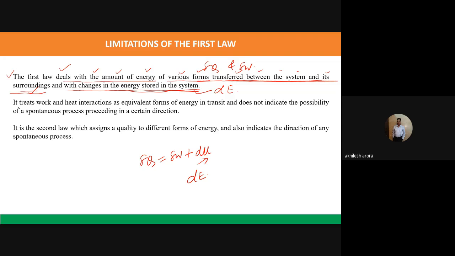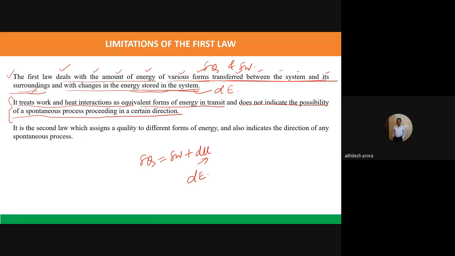It treats work and heat interactions as equivalent forms of energy in transition, so it doesn't discriminate between the two. It says both are equivalent forms of energy, and does not indicate the possibility of a spontaneous process proceeding in a certain direction.